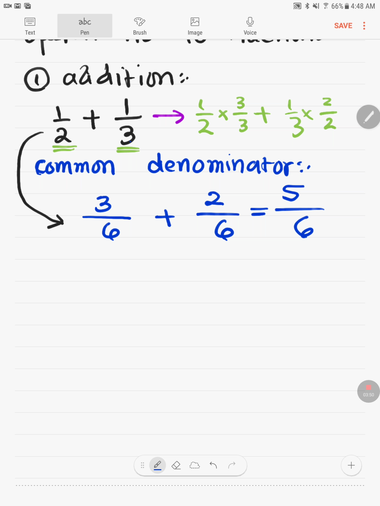This is the answer for this addition of these two fractions. So we see that the first step is to get a common denominator and then to simply add the numerators, taking the denominator the same number as the common denominator.